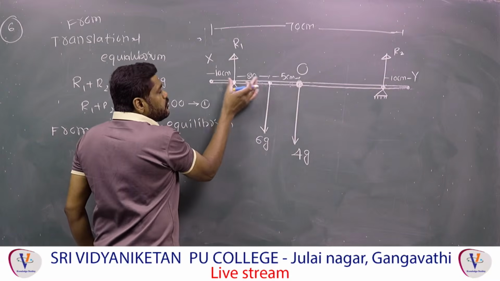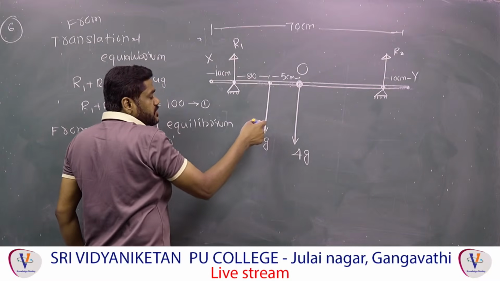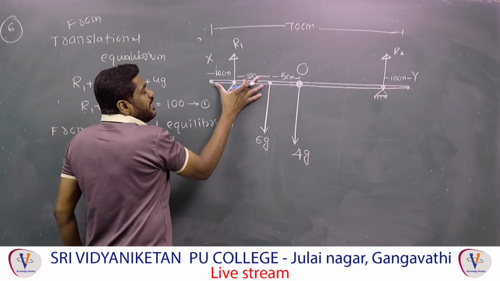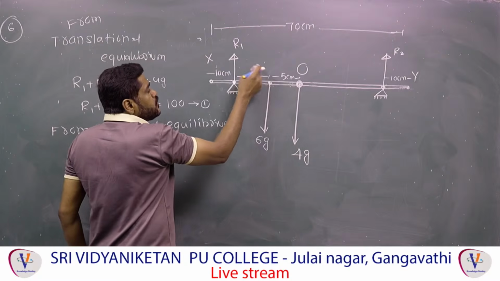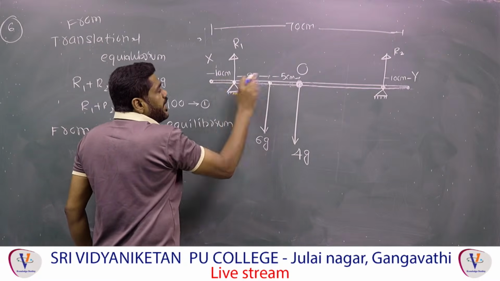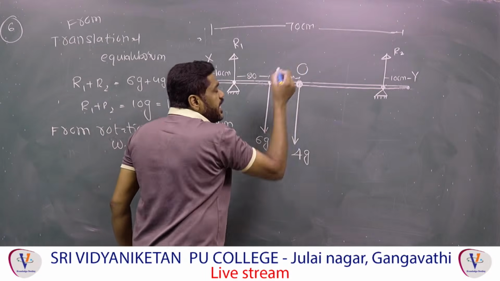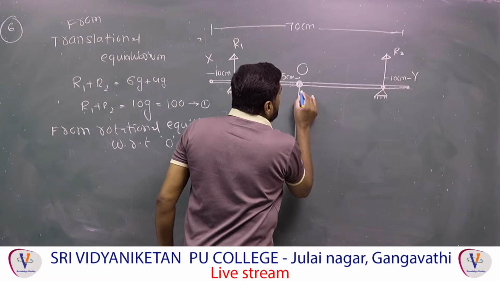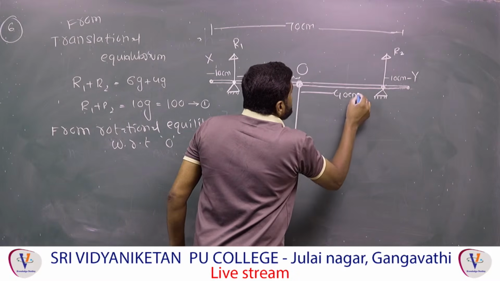Therefore, this is 10, so this is 20, because the 6 kg is suspended 30 centimeter from the left. This total is 30, already they have given 10, then 20, 20 plus 10 is 30, and extra 5 is 35, because this is exactly the center. Next, this is 10 centimeter, which means 40 centimeter.